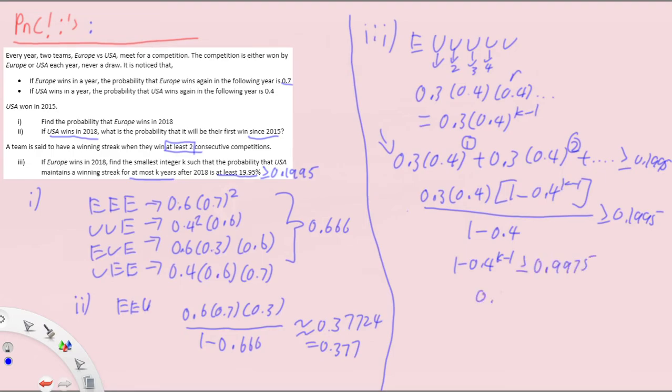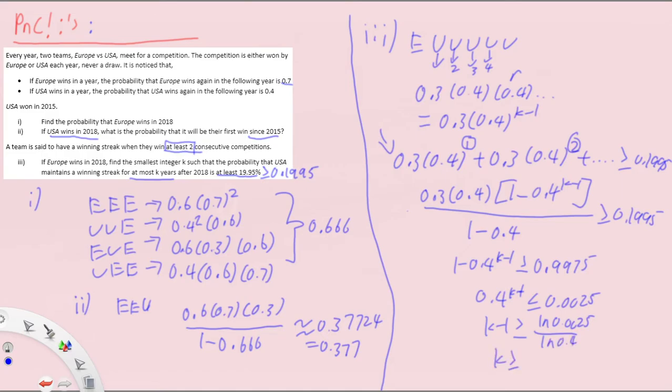From here, we know that 0.4 to the power k minus 1 is less than or equal to 0.0025. Now we take the ln on both sides, we get k minus 1. Because ln 0.4 is negative, when we divide throughout by ln 0.4, we have to flip the inequality sign. So ln 0.0025 divided by ln 0.4.